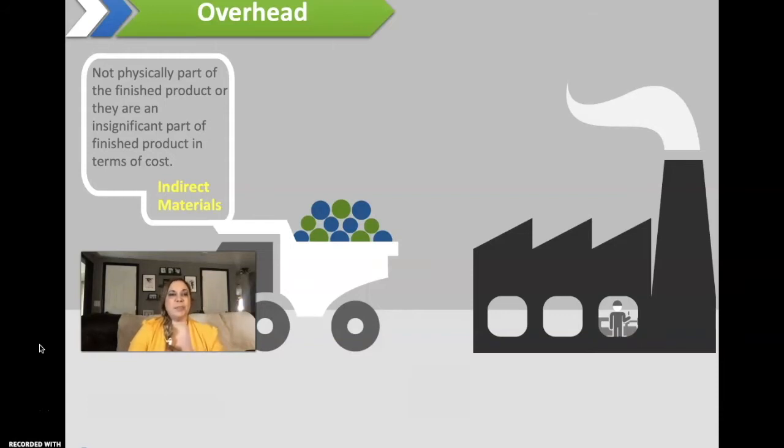They're not physically part of it, or they're so insignificant that it's hard to even put a cost on what we're spending. So think about making a car, maybe thread that goes into the seat cushions. That'd be something that's hard to put a cost on. So it's usually just the main things would be the direct materials, the insignificant parts that don't cost a lot or don't end up in the finished product. They would not be considered direct materials. They would be considered indirect.